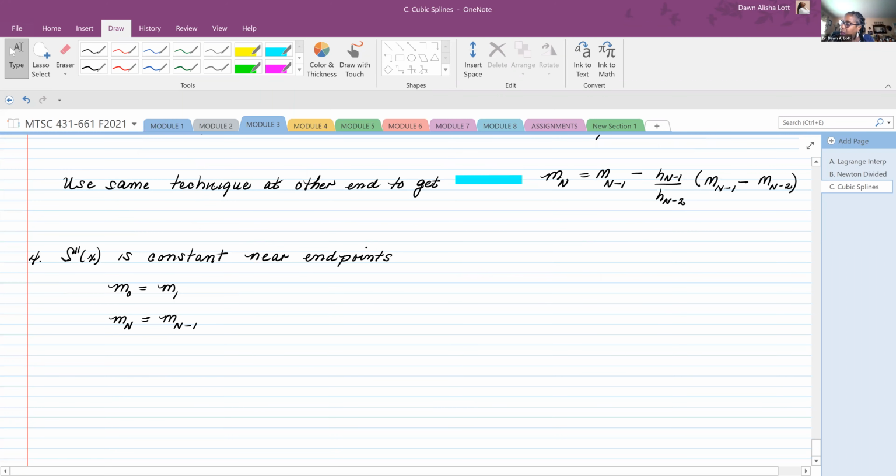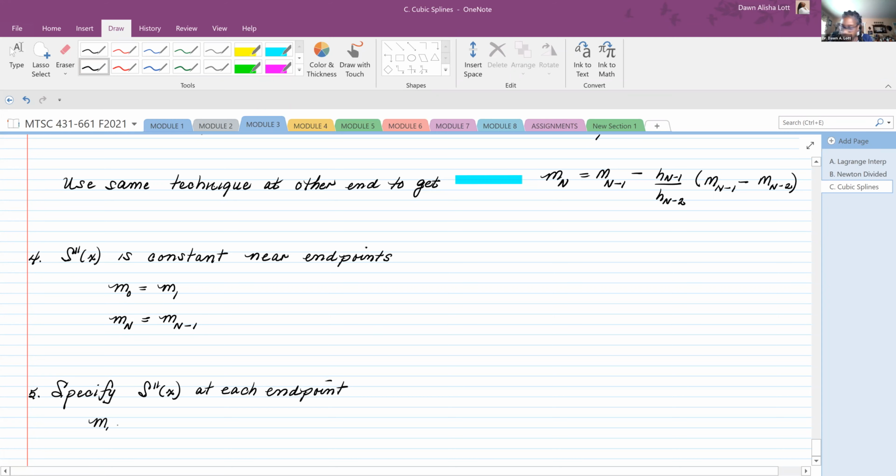And then the last option is you specify S double prime of x at each endpoint. And of course, for any cubic spline, guys, you'll be told what to do.